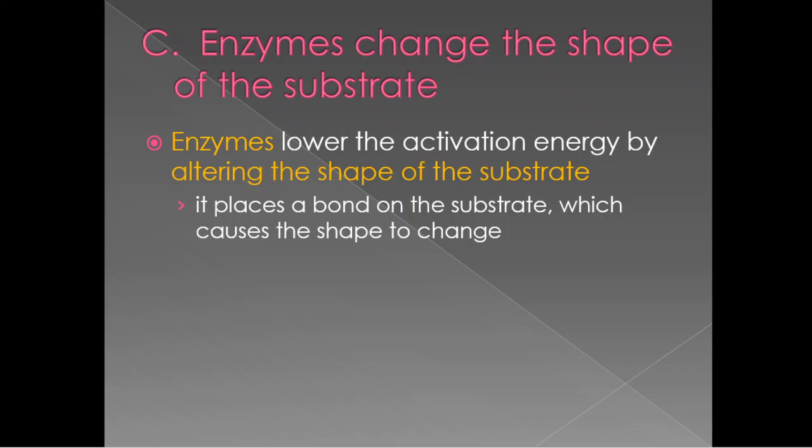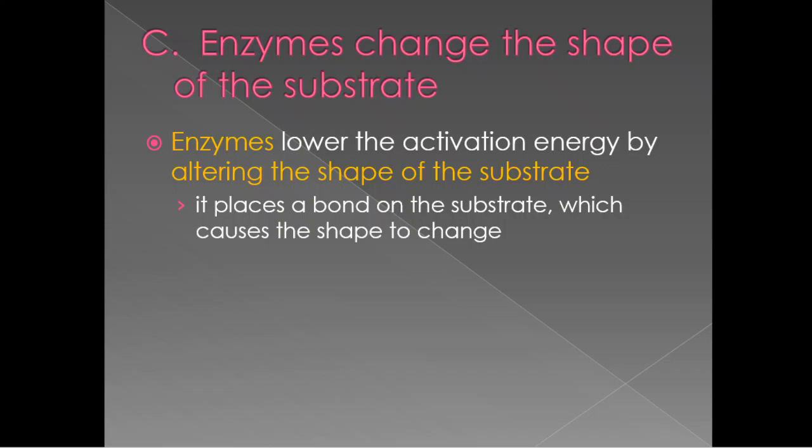Enzymes do change the shape of the substrate. Enzymes lower the activation energy by altering the shape of the substrate. So if you can remember, enzymes do not change their shape or anything about themselves, but the substrate does change, and that's how the activation energy gets lowered. I know some of you are going, well, how does that happen?